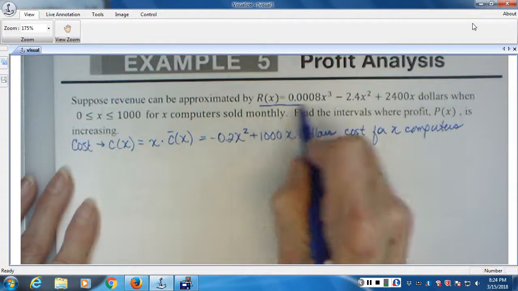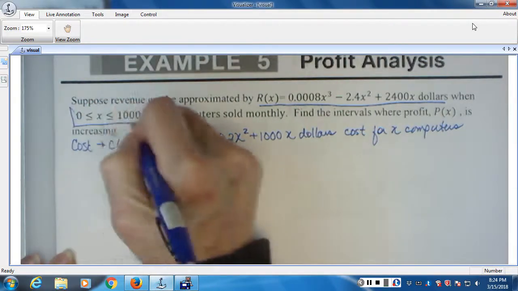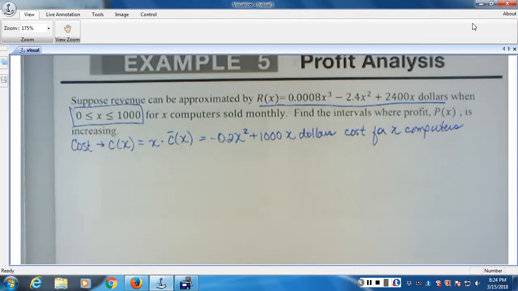This is your revenue in dollars. And both of these are on the limited domain that X can only go from making and selling none to making and selling 1,000.